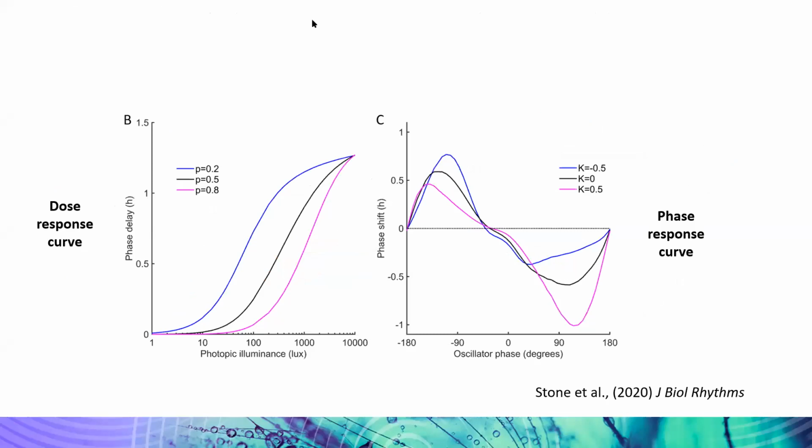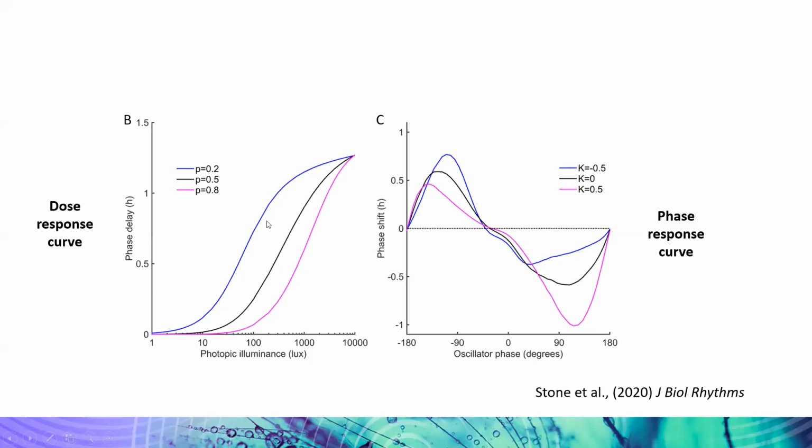So just to show you the effects of varying those two parameters, P and K, on the model, what I've done here is simulate a phase shift experiment using the model, and then looked at, for different levels of photopic illuminance, what would be the predicted phase delay. You can see the black line is the model's default prediction. So you've got this nice dose response curve up to 10,000 lux.